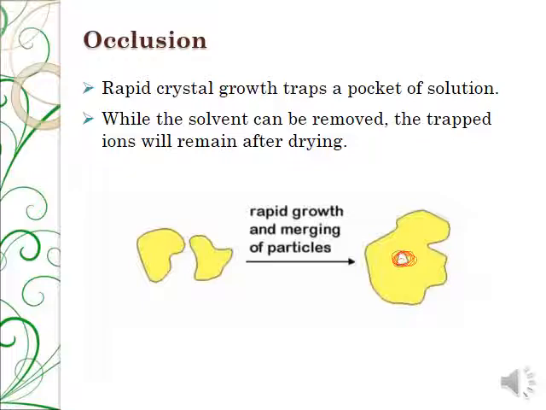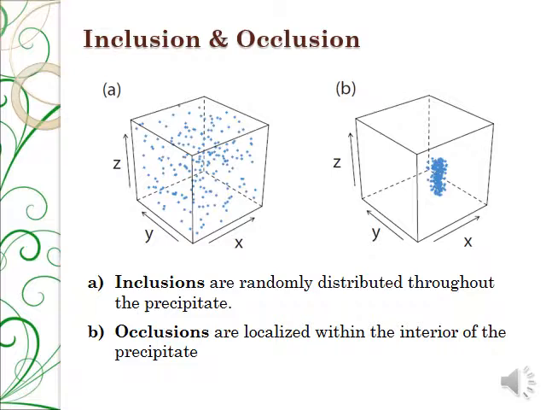So that is occlusion. So the difference between inclusion and occlusion: inclusion impurities are randomly distributed because of the structure, similar size just now. But occlusion is localized. Okay, it's in the interior part of the precipitate. So that's the difference between inclusion and occlusion.